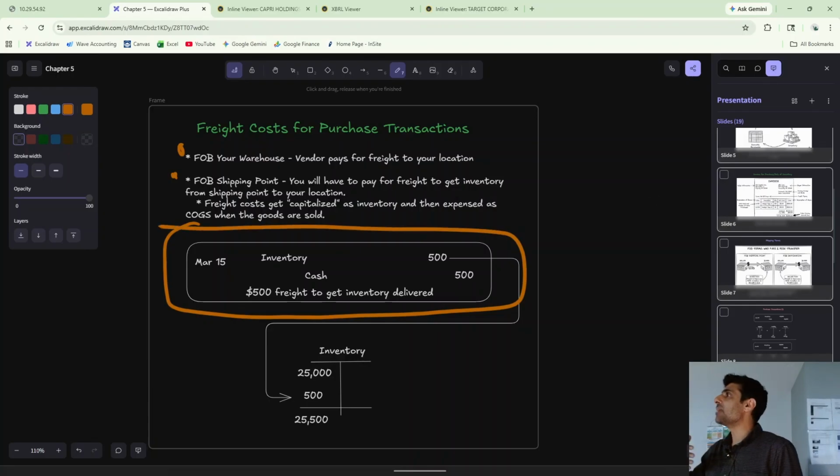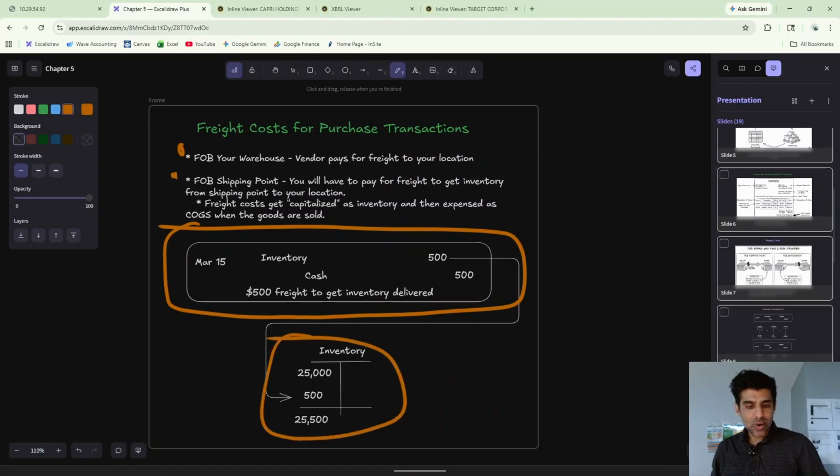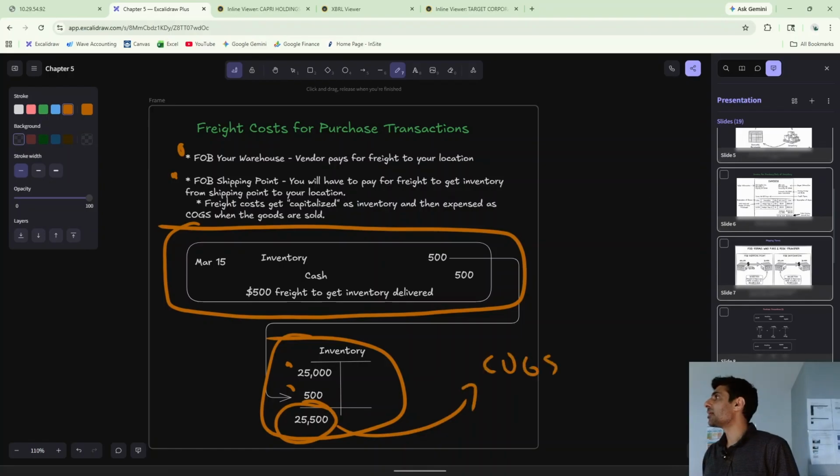You're going to hold it as inventory. It's going to be part of your all-in cost of how much you paid for your inventory. So you can see here that not only do we capitalize, or keep in inventory, the 25,000 that we paid, but also this $500 freight cost. And then when we sell these items, all of this will become cost of goods sold, including the freight. But only when we sell those items.